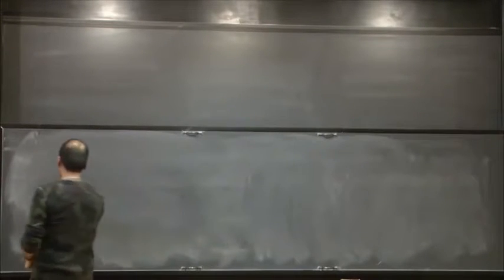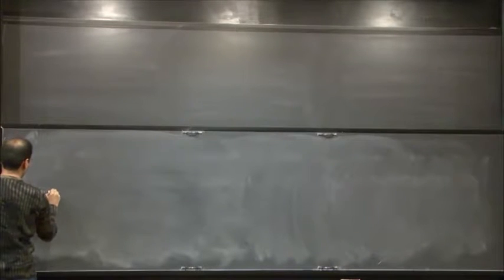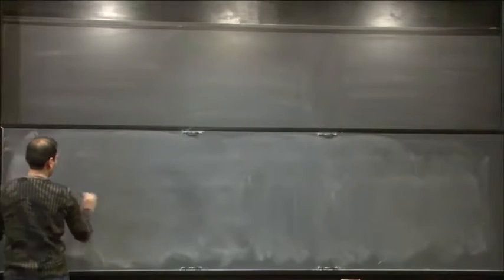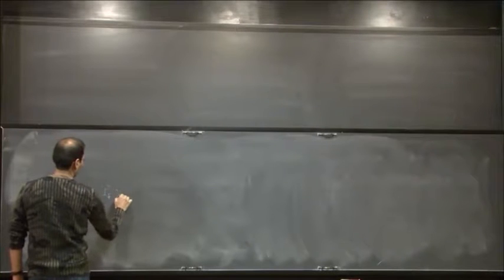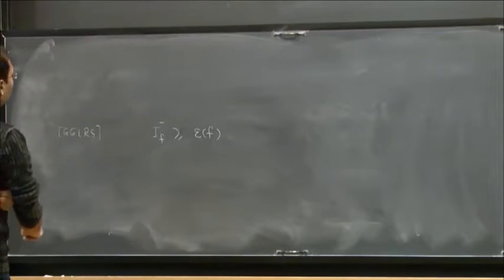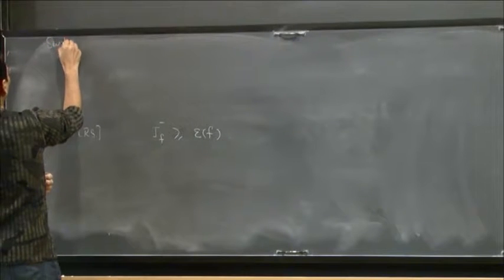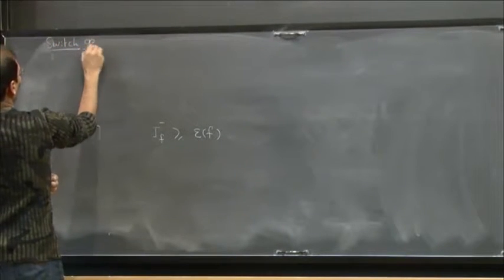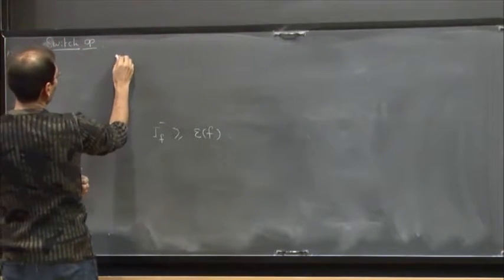Recall that the Goldreich et al. paper showed that the total negative influence is at least the distance to monotonicity of a function. This they prove using the so-called switch operator, which works as follows.